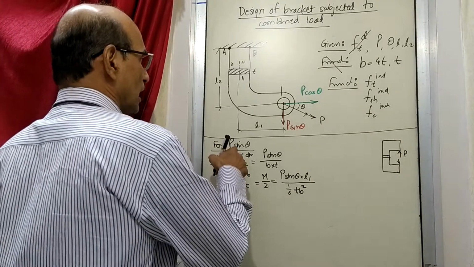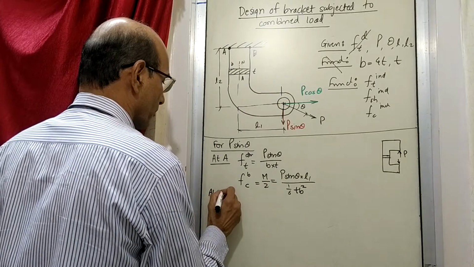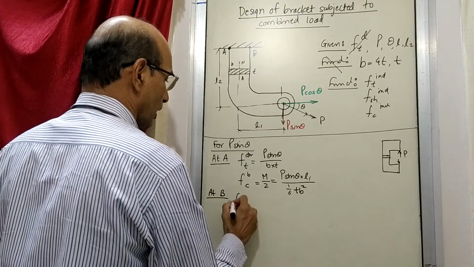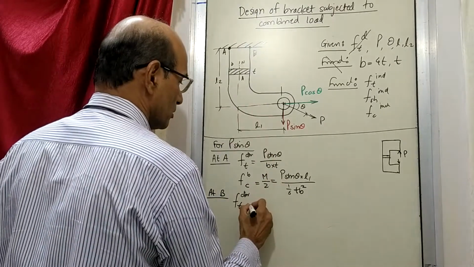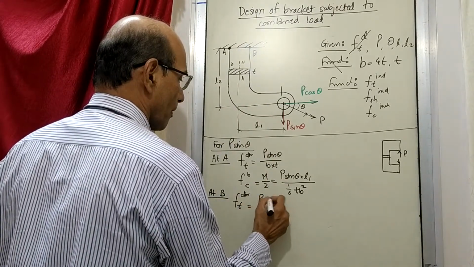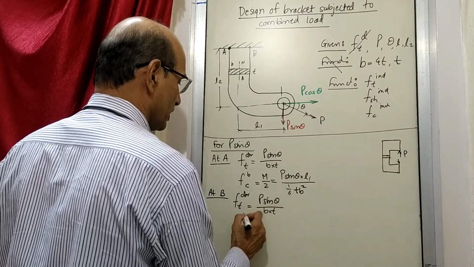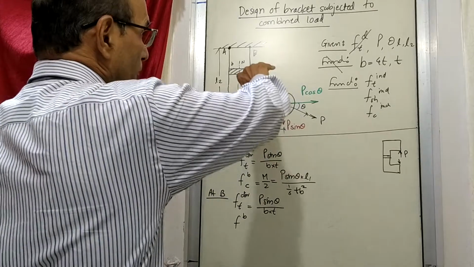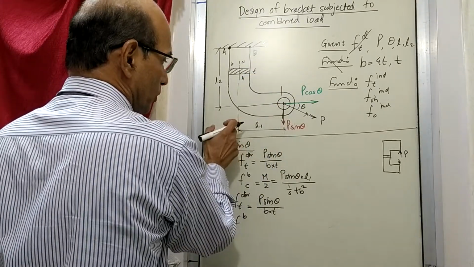Now P sine theta, effect of same P sine theta at B, what it will be? So at B, what will happen? Again, direct stress will be tensile, so it will be same. And then bending, what will be the effect of bending? You know, bending is this way, P and this distance, so this is the bending we are talking about.